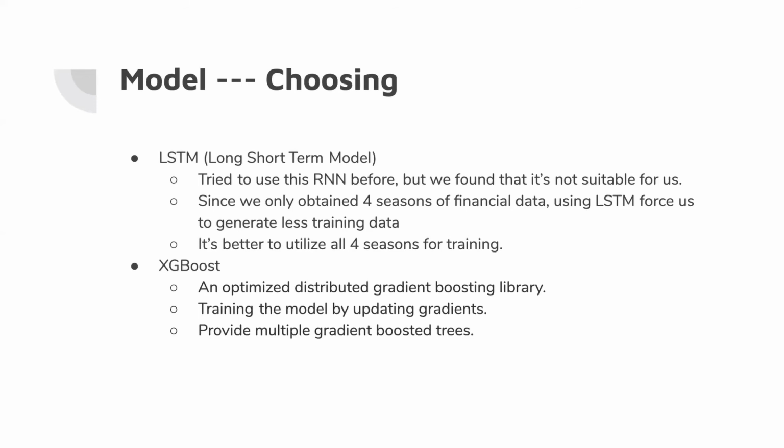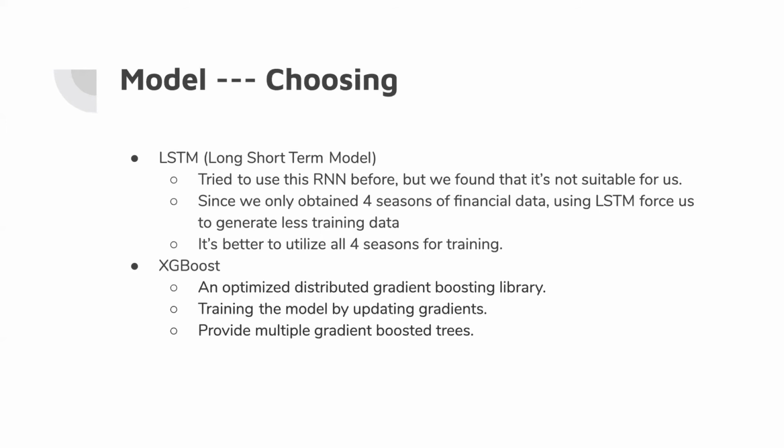It is not sufficient for us to do the training, because the format of the time steps needs to be the same for the training data, the testing data, and the predicted data. But we only have 4 time steps in a year. If we only use 1 time step, then it's a little bit weird to use LSTM. So we turned to find another model.